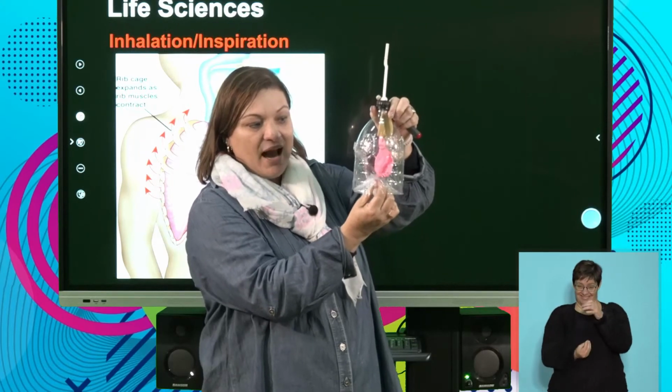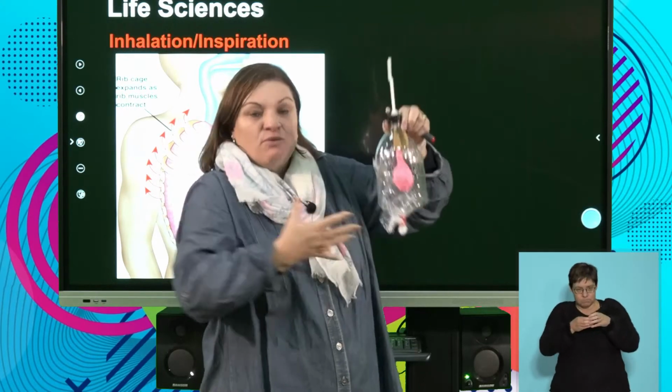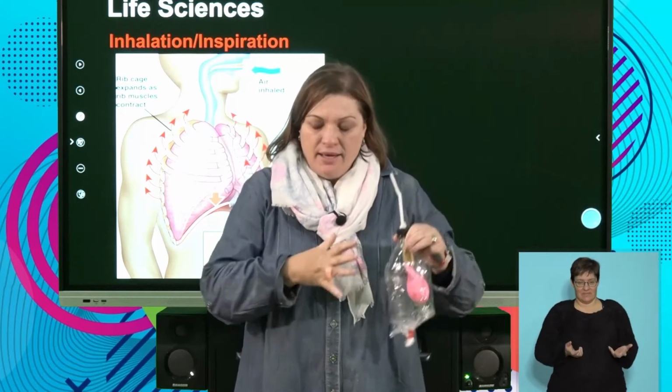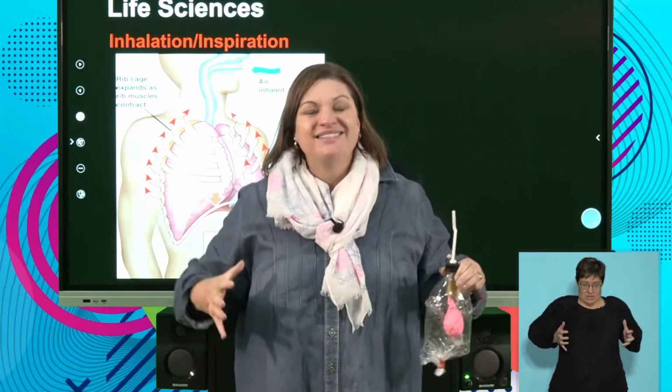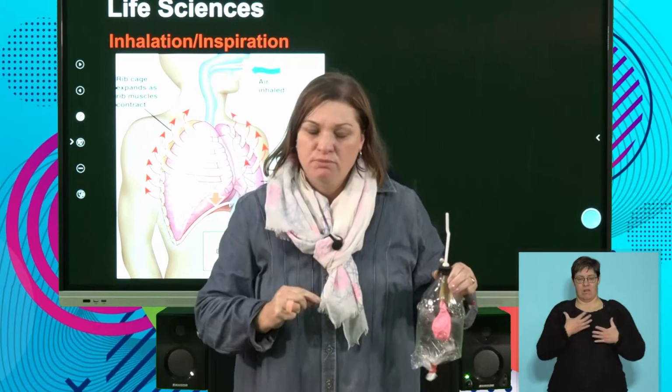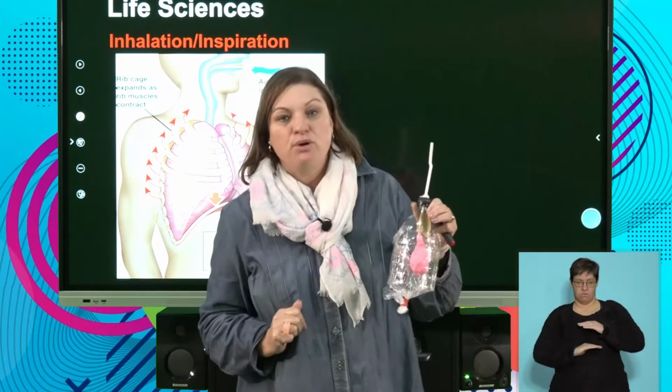So when the diaphragm pulls down, what happens? Space. When my intercostal muscles pull, my ribs go out and down. So what have I made? Space. And when I've made space, my lungs can inflate. But the most important part is I've decreased the pressure.